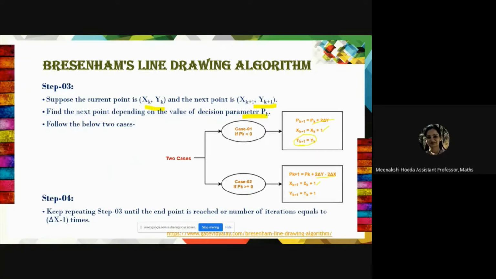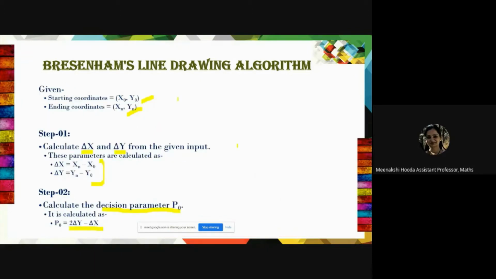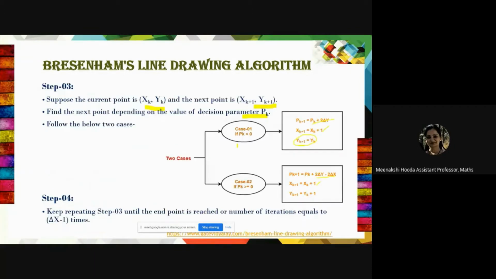So there can be two cases. Either for the first time we have calculated this initial decision parameter, and for the other cases the previous decision parameter will be used to find the next decision parameter. So there will be two cases: pk is less than 0, else pk is greater than or equal to 0.